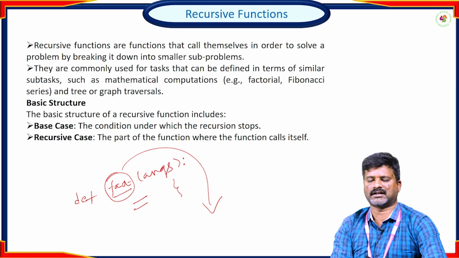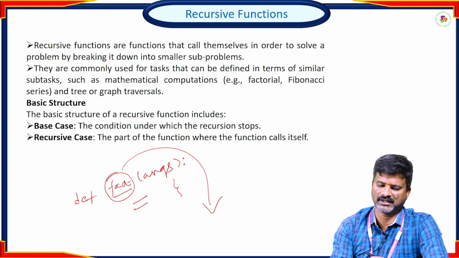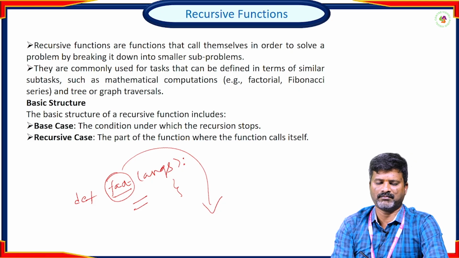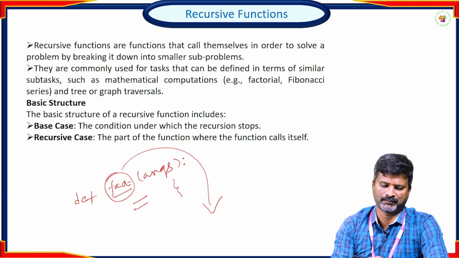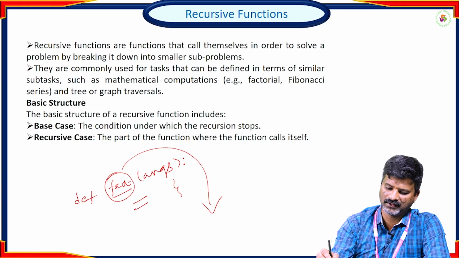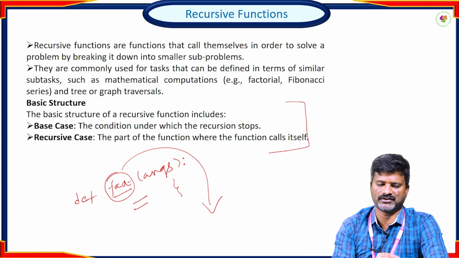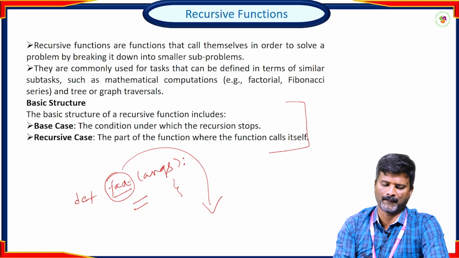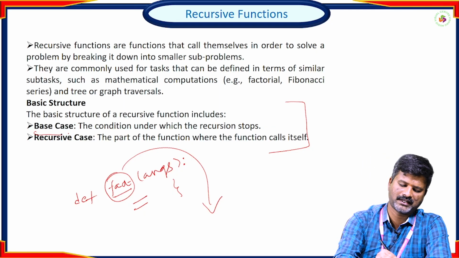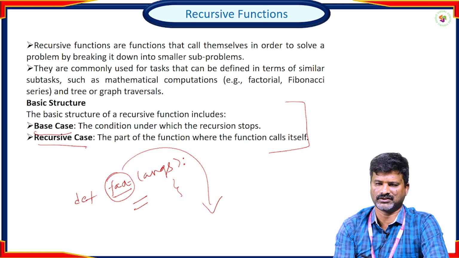Recursive functions are functions that call themselves in order to solve a problem by breaking it down into smaller subproblems. Basically, two elements are used in any recursive function: one is a base case, the second is a recursive case.